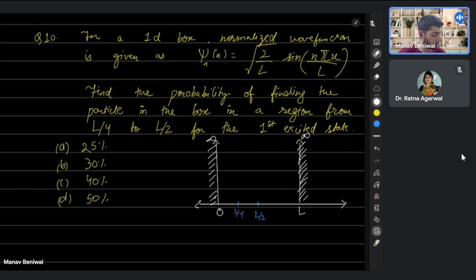So what we are asked is that in this region, so this is the region, right?